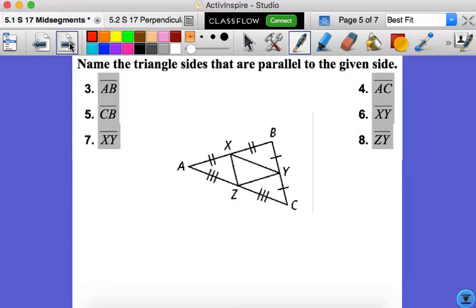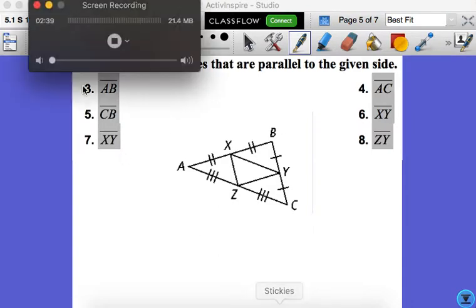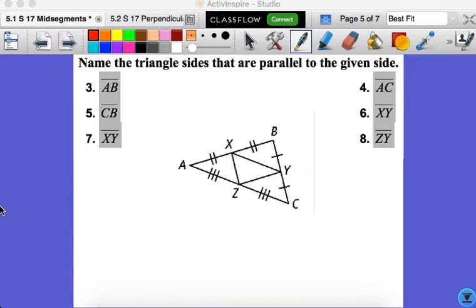So looking at what we have here, we know a couple of different pieces of information. We know that we've got mid-segments, and we are looking for the parallel side. So for this section, it says name the triangle sides that are parallel to the given side. So if we're looking at AB, AB is parallel to ZY. So I'm going to put a parallel symbol in here and then name that segment.